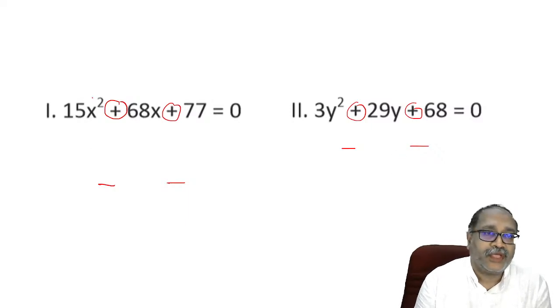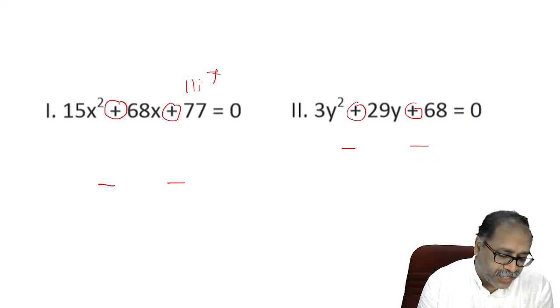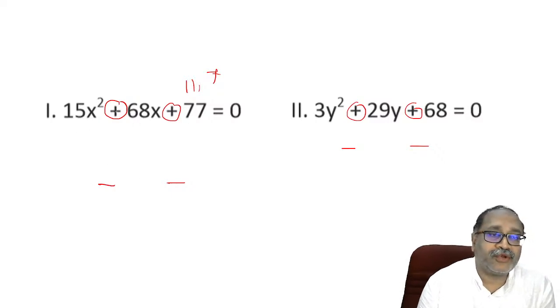Next one. So here 77, I can see that 11 into 7. Now coming to this part, this is 5 into 3.